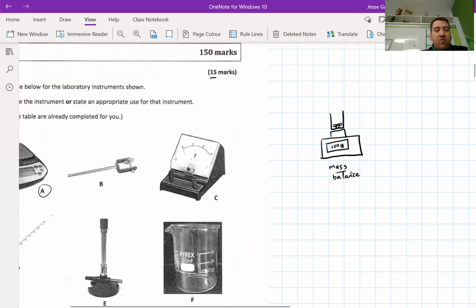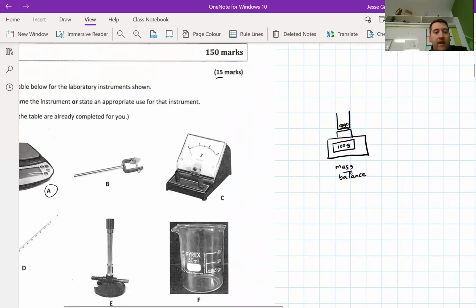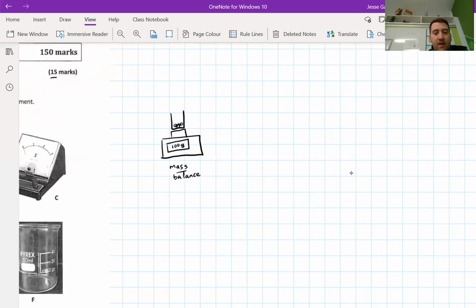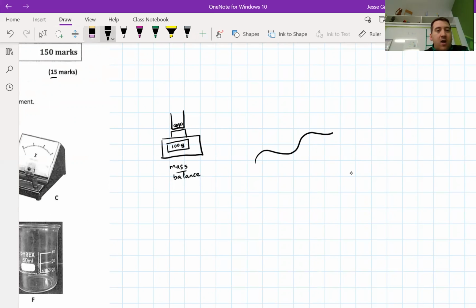That's the first one, pretty straightforward. The second one is maybe a little bit difficult, but this is a device for measuring the length of short curved lines. You maybe used this in class where you drew a squiggly line on paper. You take this device, which is basically a handle with a little wheel, start at the beginning of the line and roll the little wheel along the line.